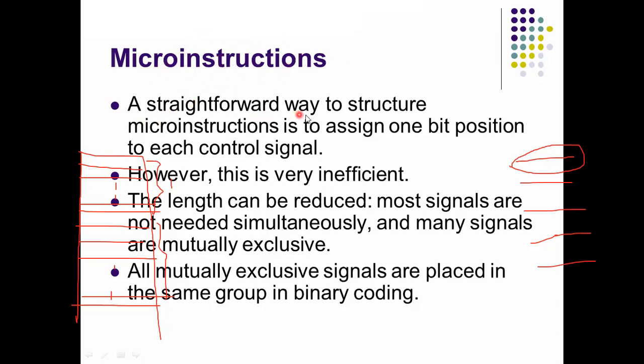See here, a straightforward way to structure micro instructions is to assign one bit position to each control signal. However, this is very inefficient. The length can be reduced. Most signals are not needed simultaneously, and many signals are mutually exclusive.